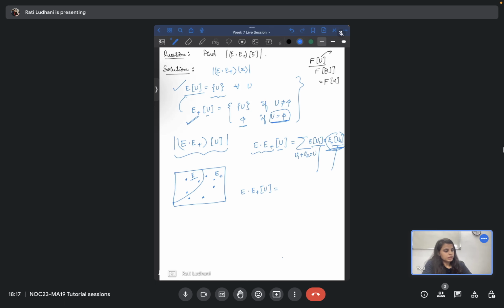So you need to take all the sums such that U1 plus U2 is equal to U, and U2 is non-empty. Okay, so when you take this, now this will give you something for sure.